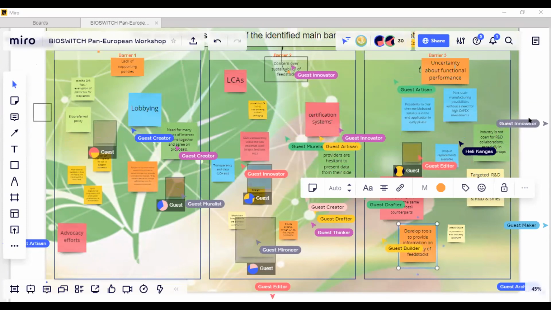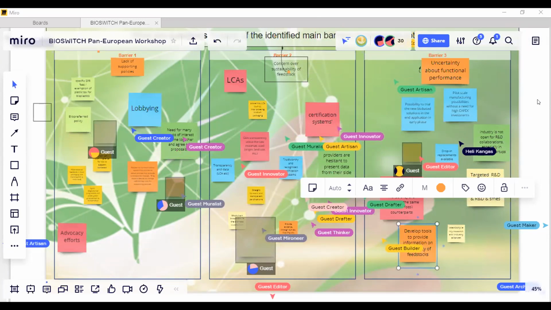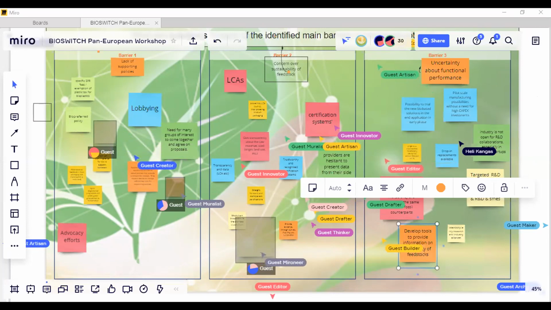And regarding level playing field, bioenergy was mentioned, and I mentioned it myself. I think a very common concern is that bioenergy and biofuels are being promoted through the renewable energy directives. This increases the price for feedstock, for biomass feedstock, and therefore hampers the development of higher value applications based on biomass.